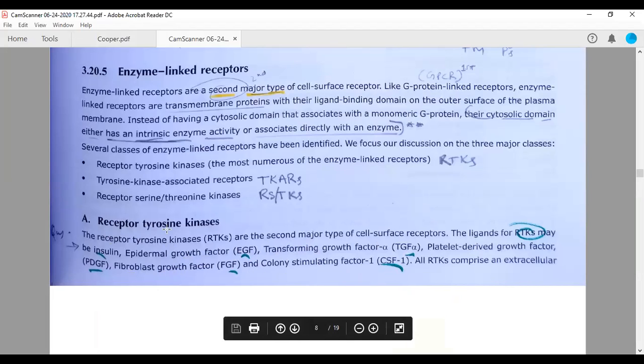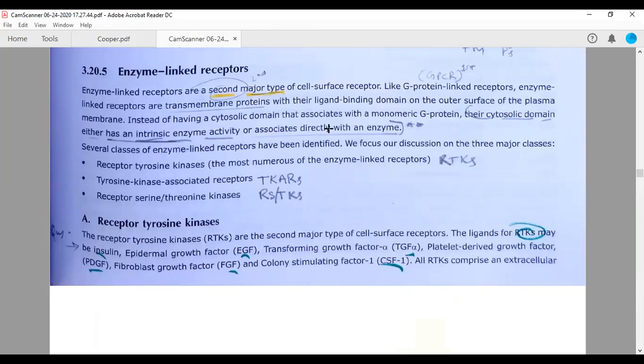Okay, and they are having an intrinsic enzyme activity, or they are associated directly with an enzyme. I will tell you this thing also. So please have patience and we will move step by step.